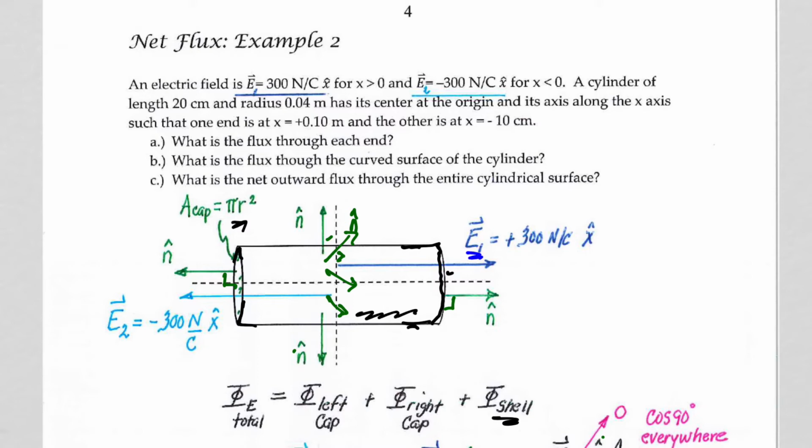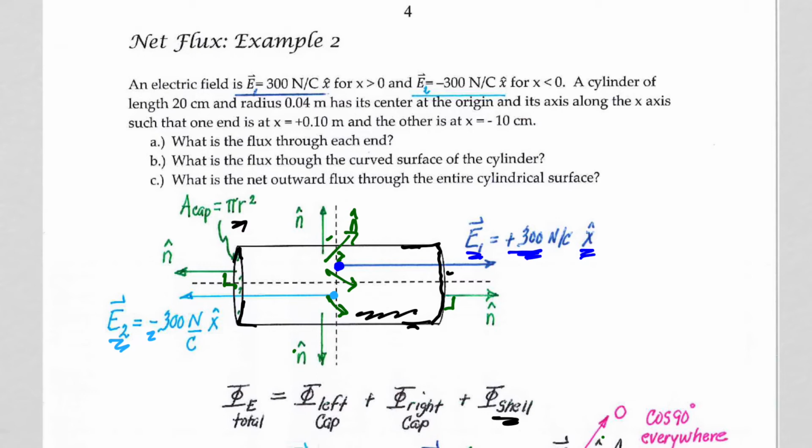E1 vector. So to finish our perspectives, the two electric fields we're given to consider start at the origin. So E1, we say, starts at the origin and is pointing to the right, positive 300 newtons per coulomb in the x-hat direction. And then the electric field E2, again, starts at the origin and moves to the left, same 300 newtons per coulomb in the negative x direction.